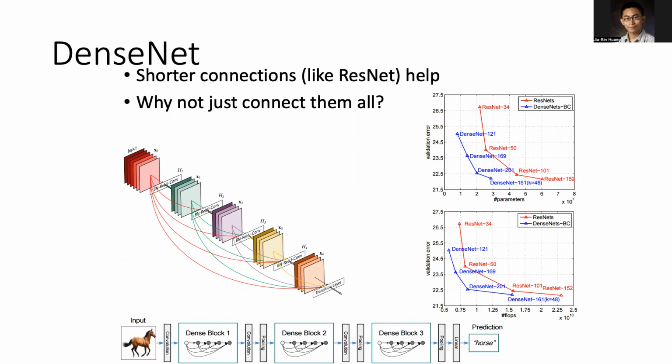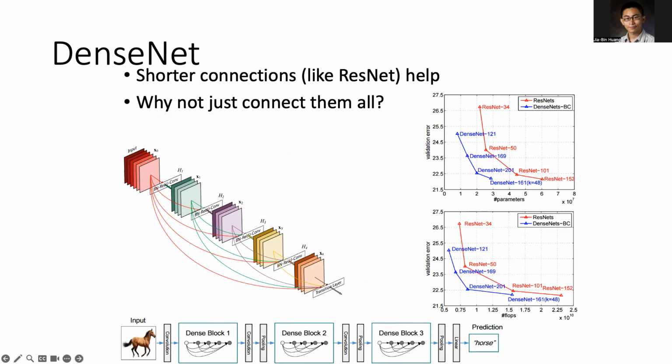So what they did is just apply residual connections to all the layers, and that's basically it. It's called DenseNet. Recently there are also some variants in the context of transformers, where people revisit similar ideas.